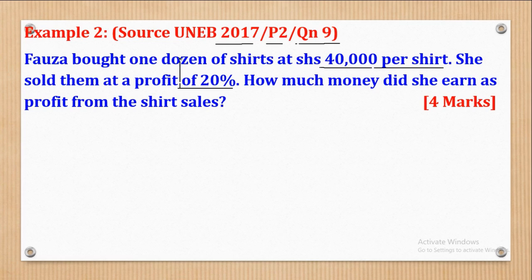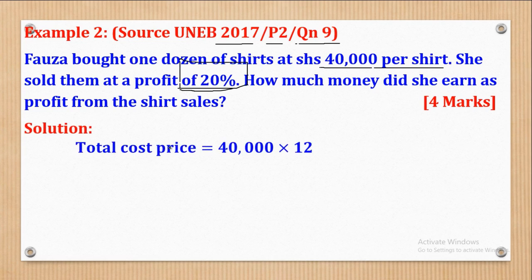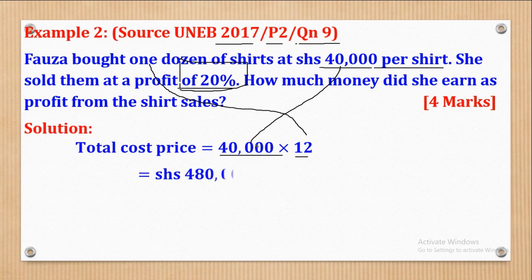So the profit was 20%. Now this 20% means that there was an increase. Therefore, we shall say that the total cost price will be equal to 40,000 multiplied by 12, because each shirt was 40,000 shillings, and they were 1 dozen. 1 dozen means 12. Therefore, the total cost price will be 480,000.